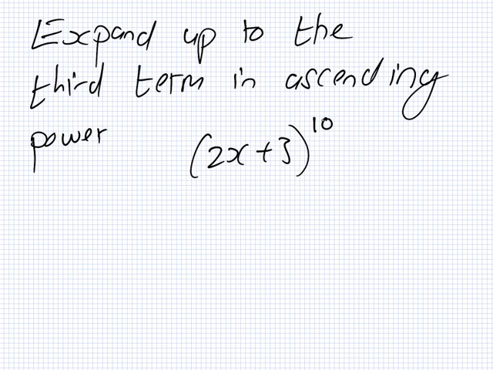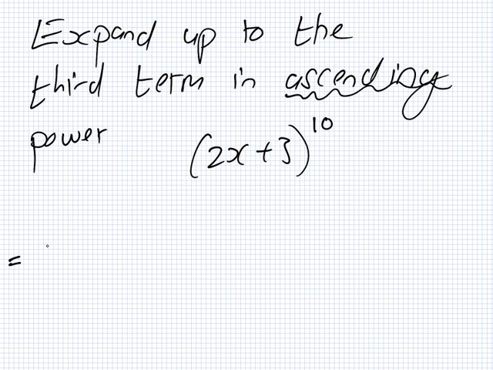0. And why? Ascending. The powers are increasing. If I wanted you to start at x10, x9, x8, then this word would be descending. Okay, so here I'm only asking you for 3 terms.